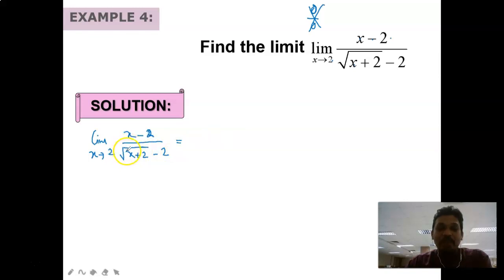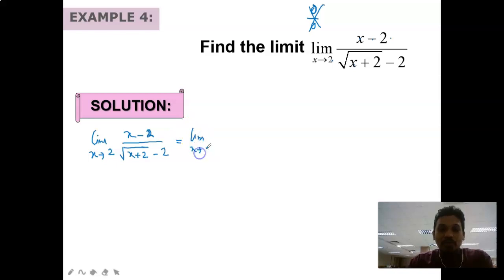The reason we multiply is that we try to avoid the denominator being equal to 0. So again, 2 plus 2 equals 4. Square root of 4 equals 2, then 2 minus 2 equals 0. We're going to try to avoid that. So let's take a look at this one slowly.